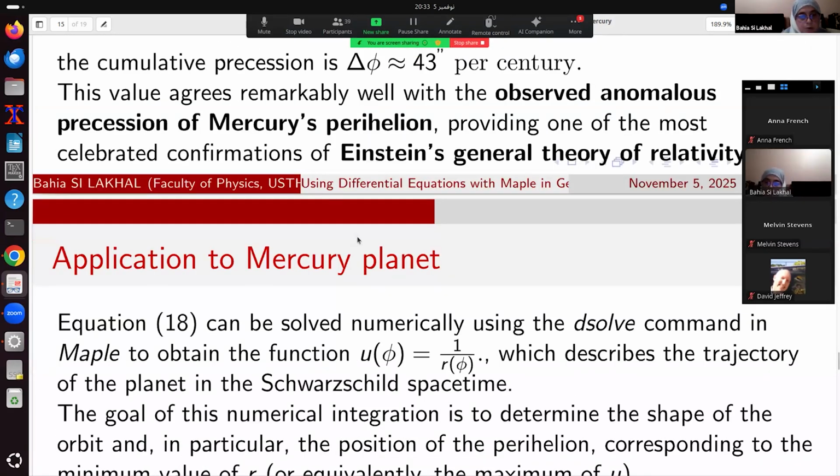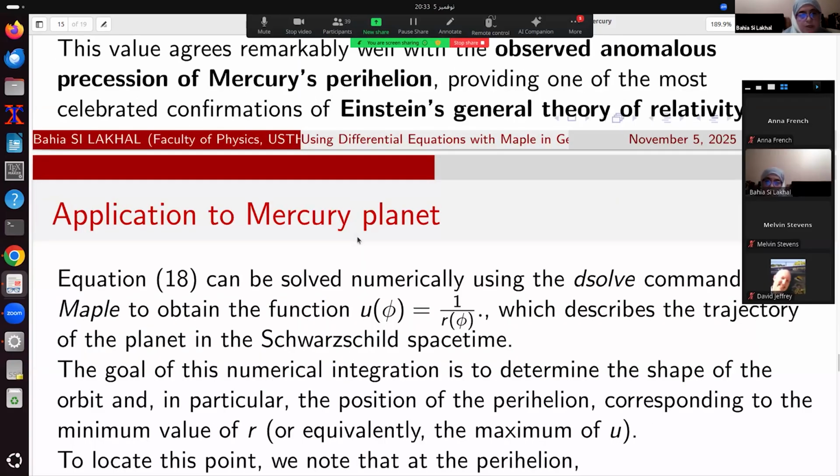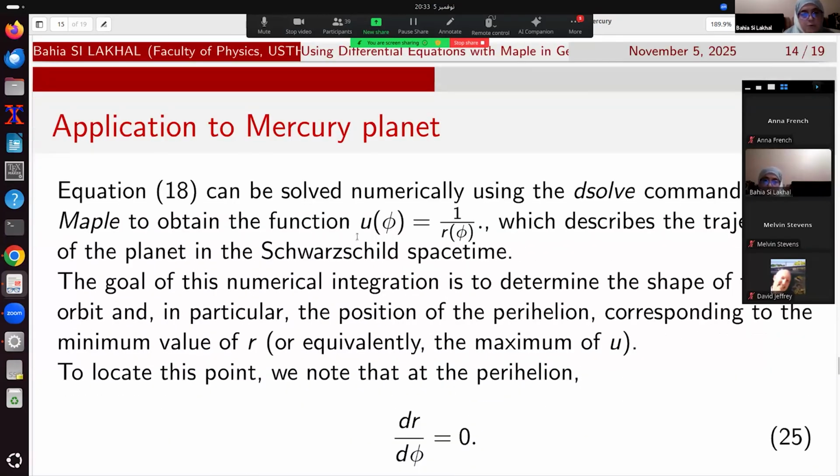The goal of the numerical integration is to determine the shape of the orbit, and in particular the position of the perihelion, which corresponds to the minimum value of r, or equivalently to the maximum value of u.